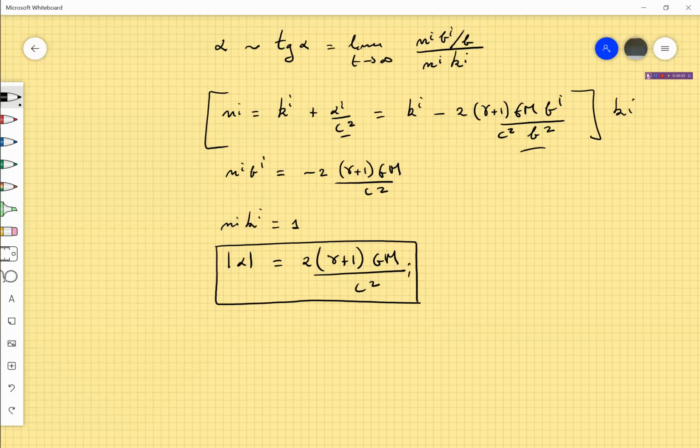The problem with this kind of experiment is that light has to graze the surface of the sun, and the surface of the sun is not really a clean surface. There is an atmosphere, there are lots of processes taking place there, and they act on light, okay? So it is not clear.